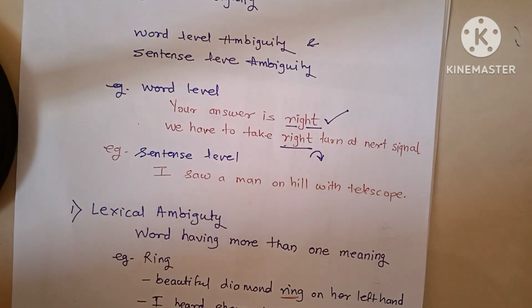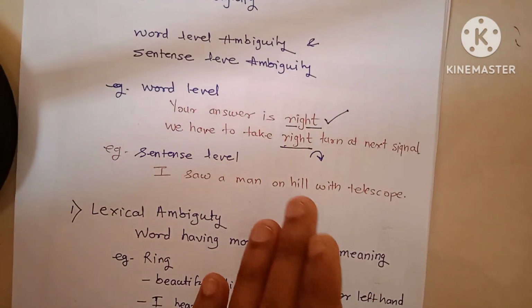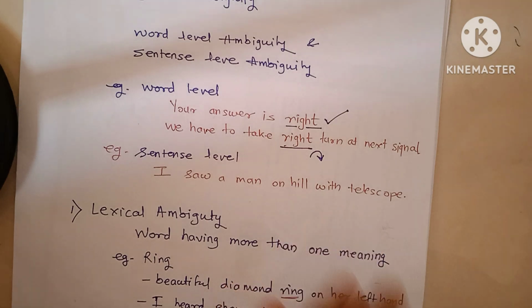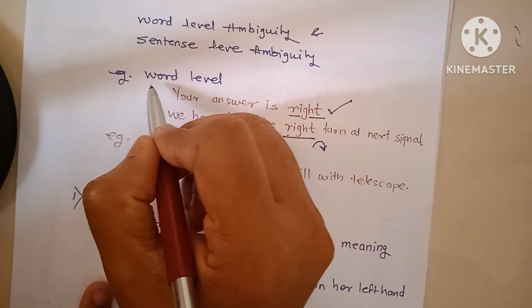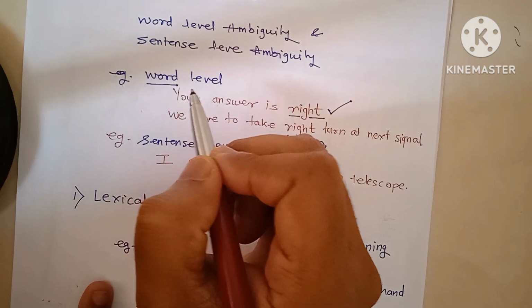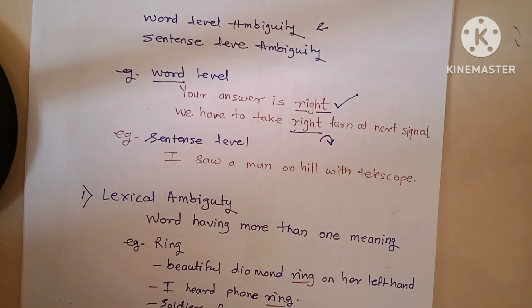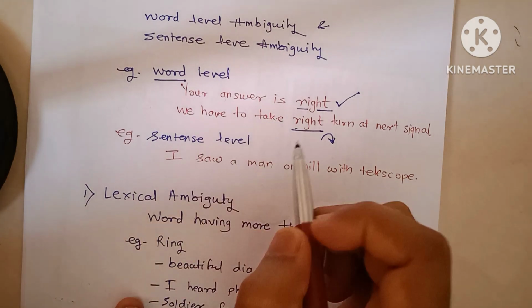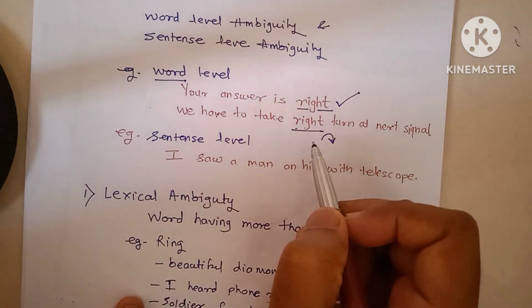So the meaning of the word right is different in different sentences, and that is called word level ambiguity. Because this word has two meanings, the sentences have different meanings. Because of this word only, the ambiguity happens. So this is called word level ambiguity.